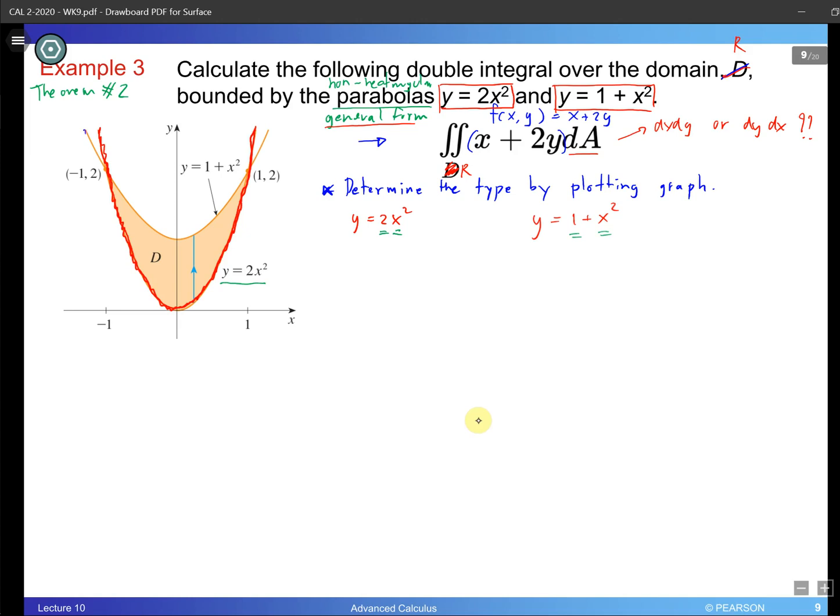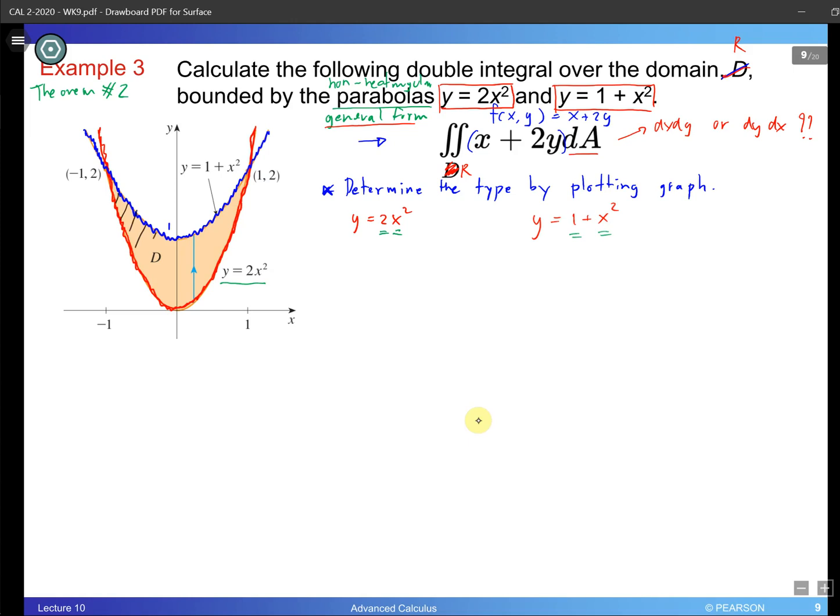So it's a regular parabola shifted up 1 unit, and it's going to be this curve. We are talking about this intersection with the y-axis at 1 right here. Now that we have seen the two curves, we start to see the region trapped between them. And as you can see, the region is this.